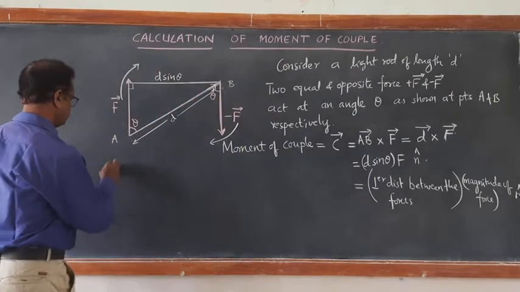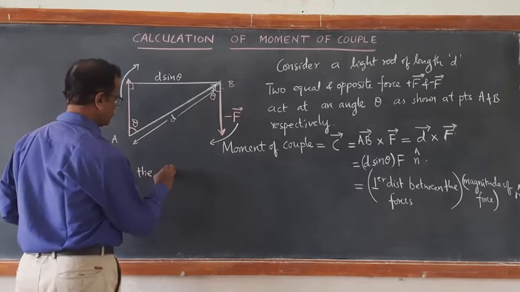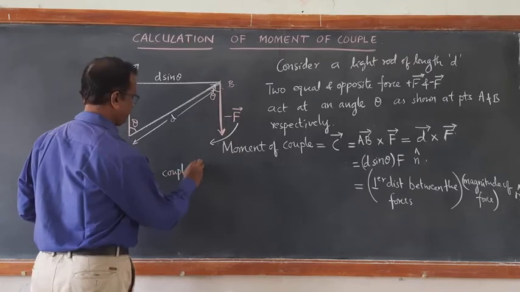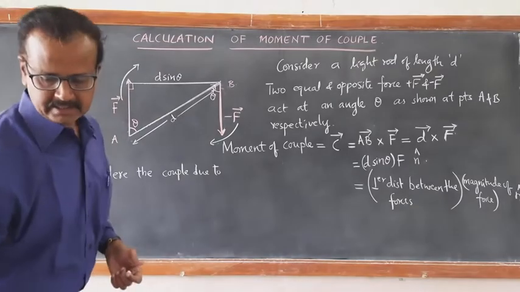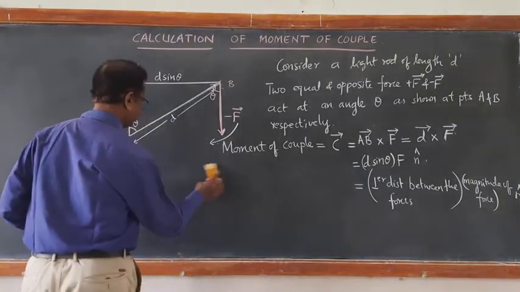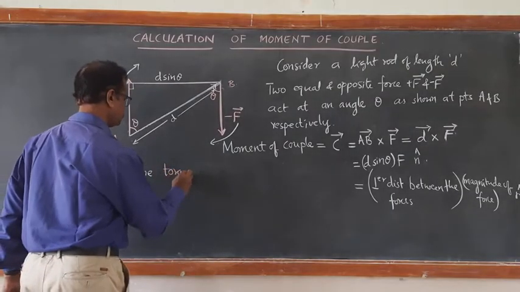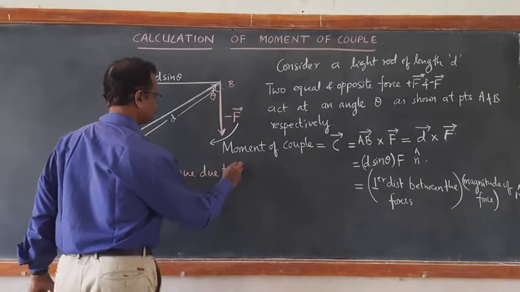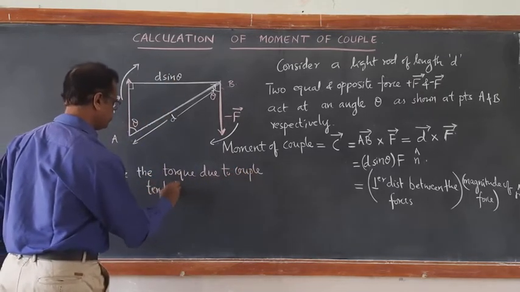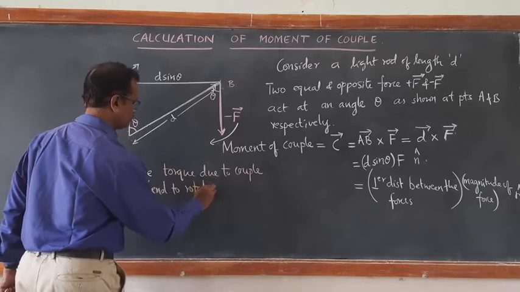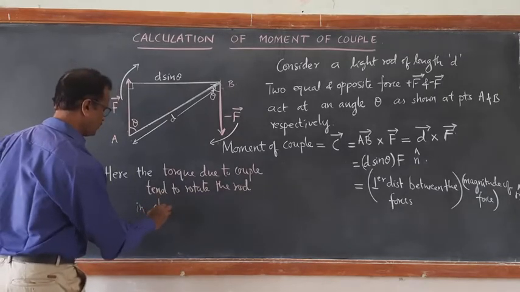So here the torque due to couple tends to rotate the rod in clockwise sense.